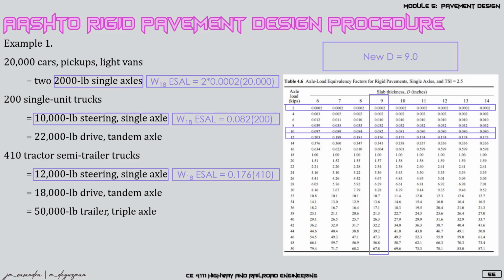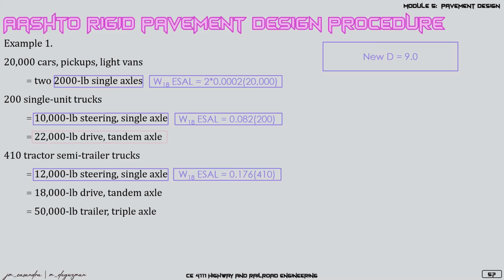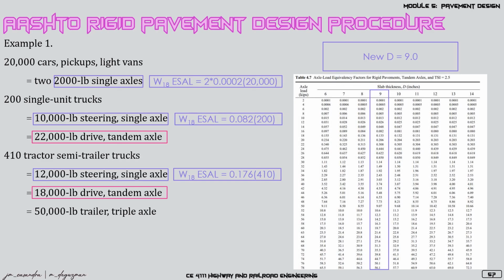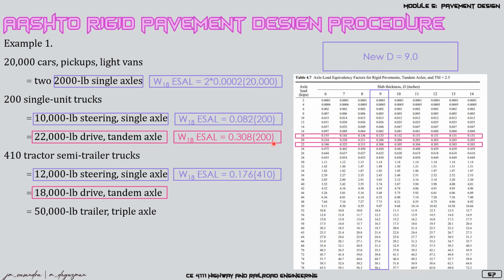So next we move to the tandem axle, for the single unit trucks and the semi-trailer trucks. So again, we use table 4.7. So under slab thickness 9 inches, we have 22 kips, 0.308, so times 200. And then we have 18 kips, we have 0.133 times 410.